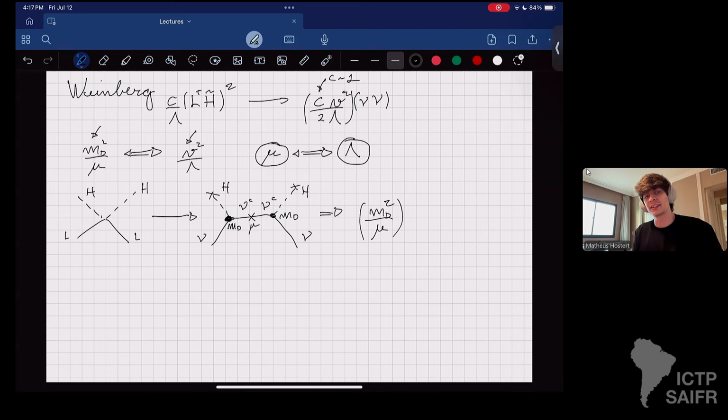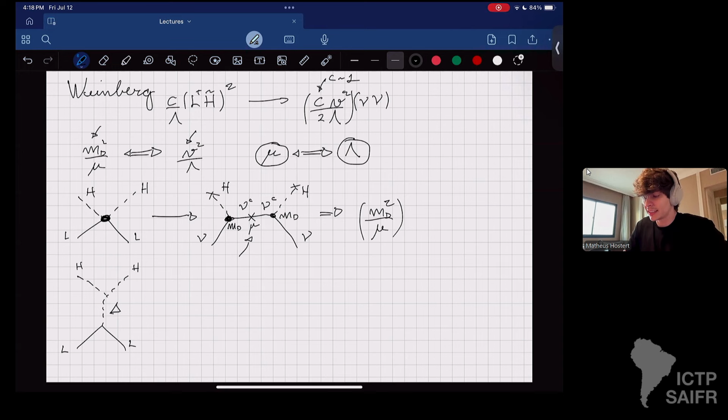So the Weinberg operator can arise from the seesaw mechanism, but it doesn't necessarily have to. There are other ways in which you can open up this effective operator, for example, through some new scalar particle. So you could imagine the Higgs, lepton, and some scalar particle delta, or other types of fermions, which come from higher representations of SU(2).